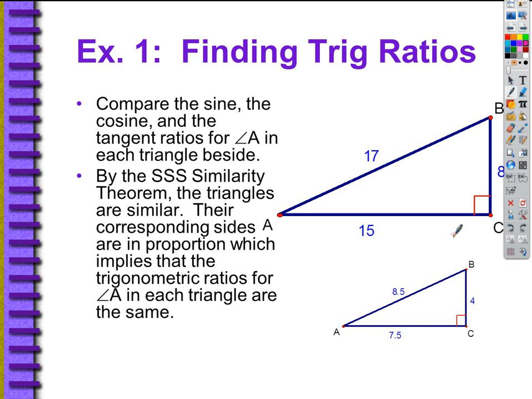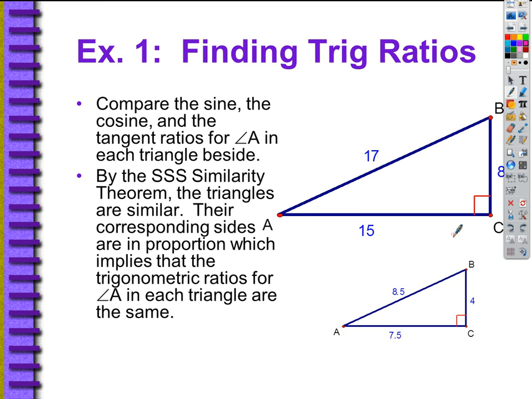So are these two triangles similar? They are. How do we know that? Good, because all three corresponding sides are proportional.